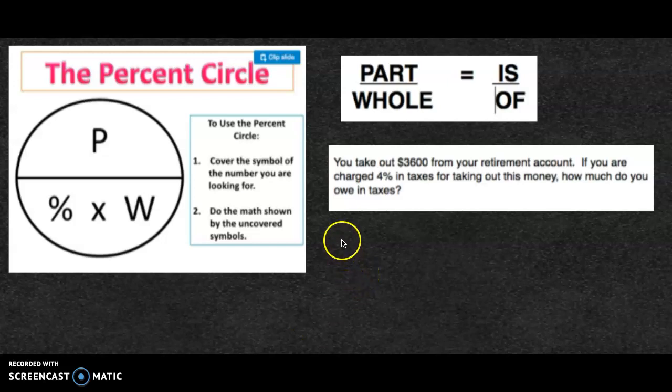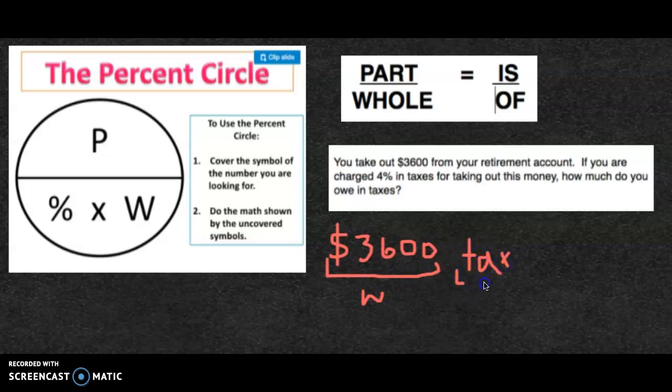So if you're taking out $3,600 and you are needing to pay part of it in taxes, this would be the whole amount that you're taking out. The taxes amount would be the part that's coming out. So that would be the part. And we know that there's a percentage, and that would be 4%.